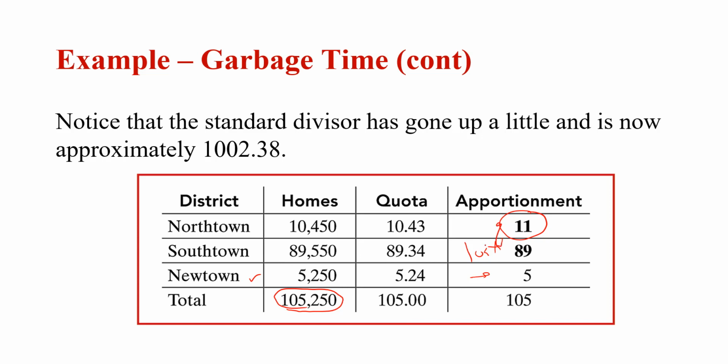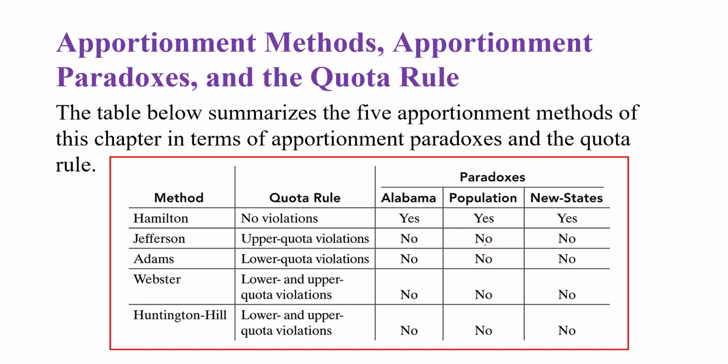We're good? It's no longer a 10-90 split. It's an 11-89 split. Okay, we're good there. So there's your different paradoxes, and a nice little chart you may want to use for a test sometime. Cool.